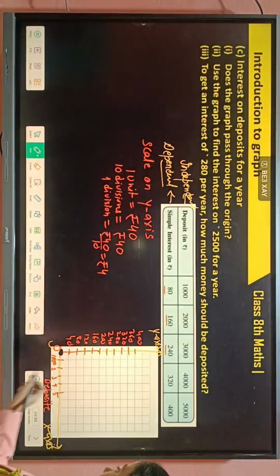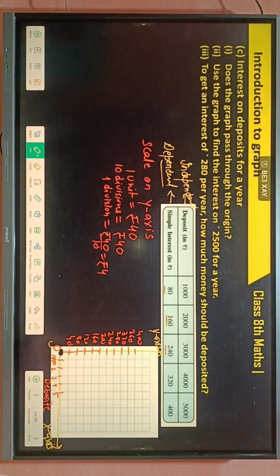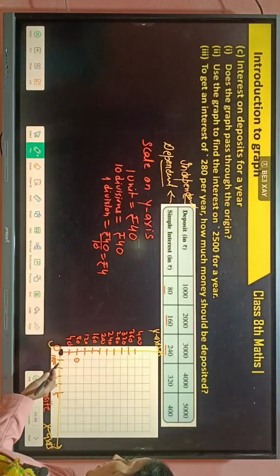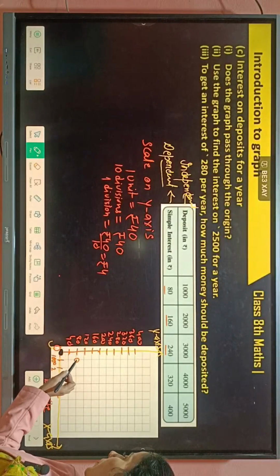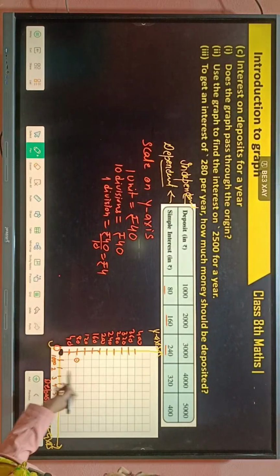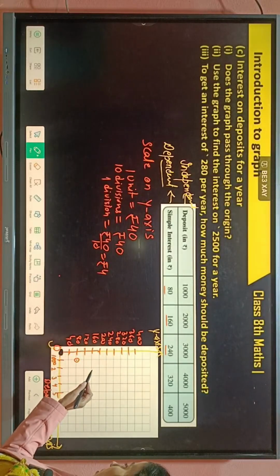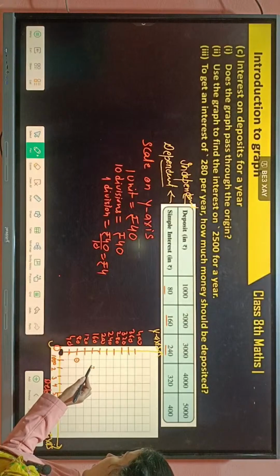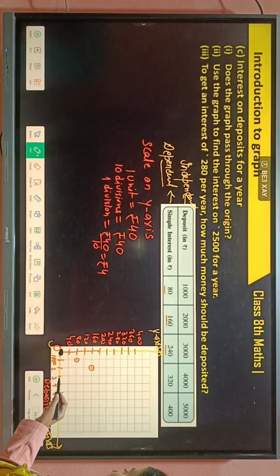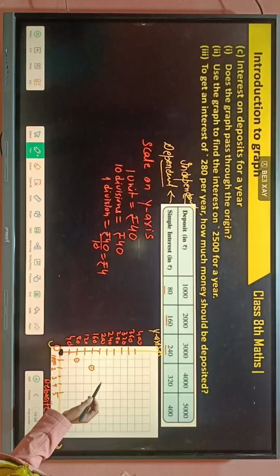When your deposition is 1000 rupees, then interest is 80. This is that point. When deposition is 2000, then it is 160. 160 will be at this point. When deposition is 3000, then it is 240.